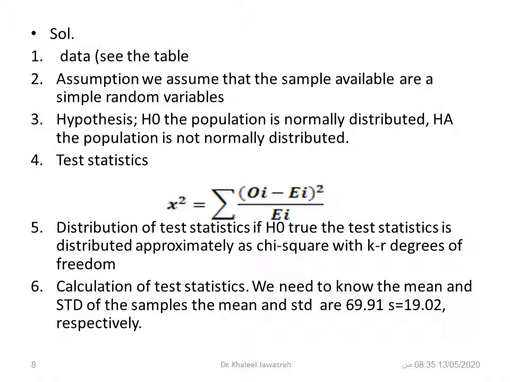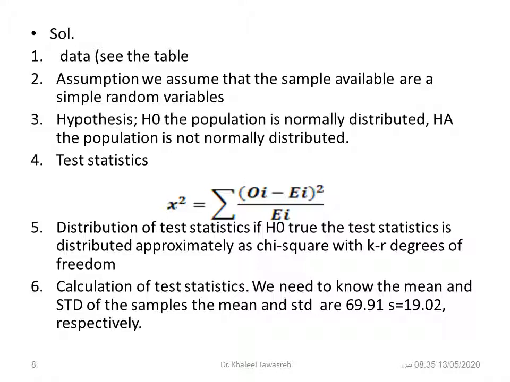As we indicated in the hypothesis testing lecture, the null hypothesis usually states no differences, that they are normal. The alternative hypothesis is that it is not normally distributed, usually the opposite of the null hypothesis. I suggest you return to the hypothesis testing lecture. Now, the test statistic to be used here is just the chi-square.